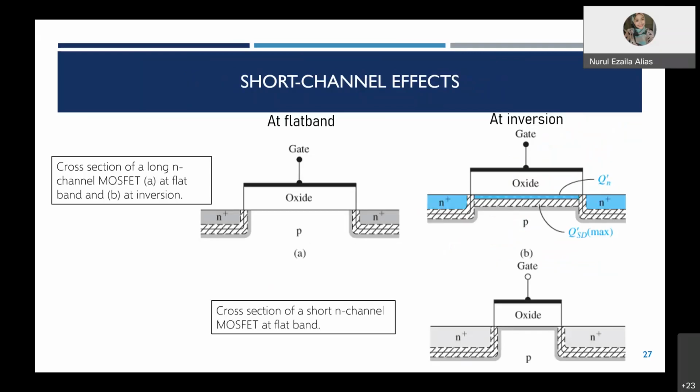All right. So in short channel effect, the left figure here, I think you are familiar with already. The left figure is the cross section of the long channel and short channel MOSFET. As you can see from here, the region over here is L. This is at flat band, meaning that no channel is created yet.